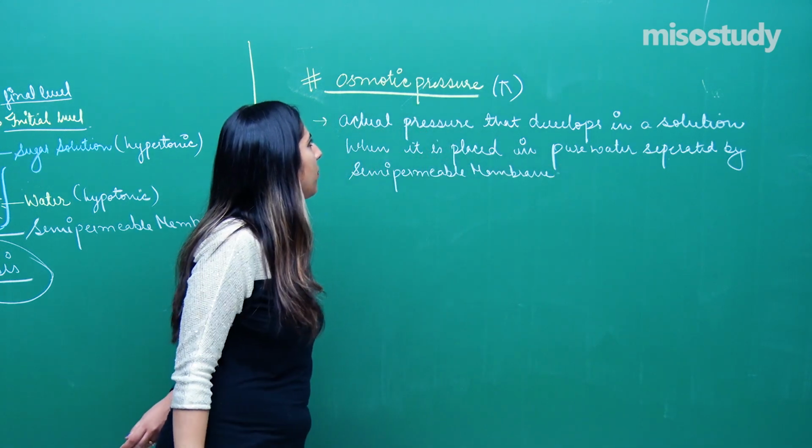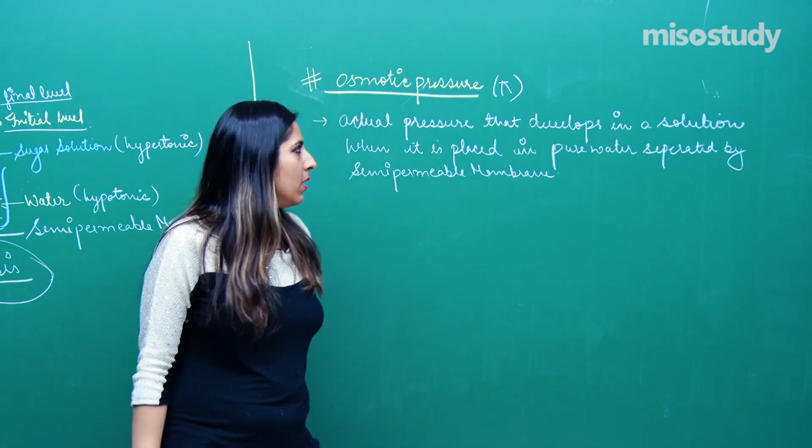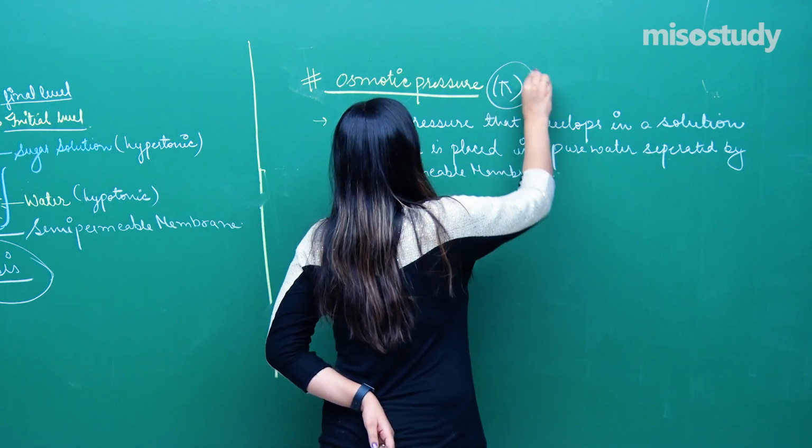Separated by a semi-permeable membrane, this is called osmotic pressure, right? Denoted by the symbol pi.